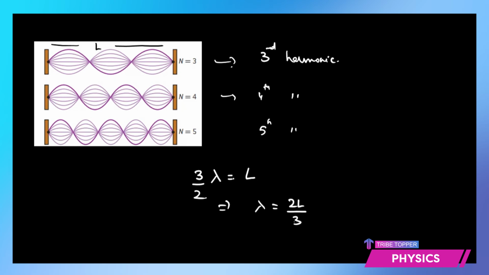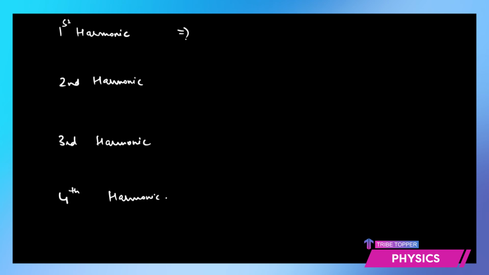Similarly, for the fourth one, you have two waves contained in the length L, so lambda is L by 2. So this way, as you go on getting new loops, that means the first, second, third, fourth harmonics, your wavelength is also changing. So what do you notice here? For the first harmonic, lambda is 2L over 1.